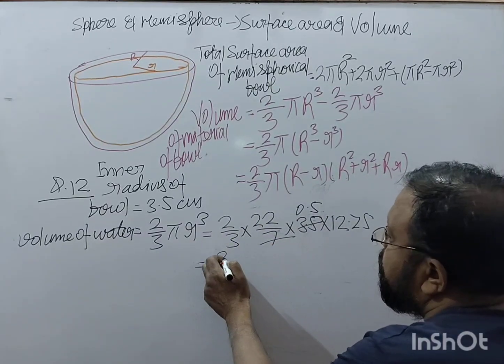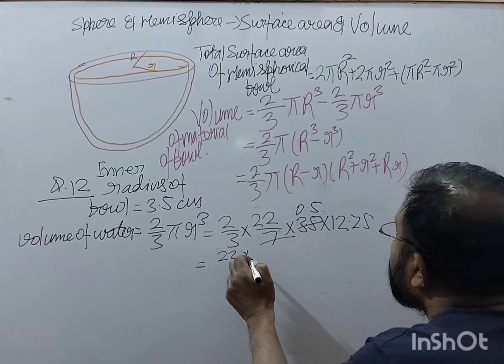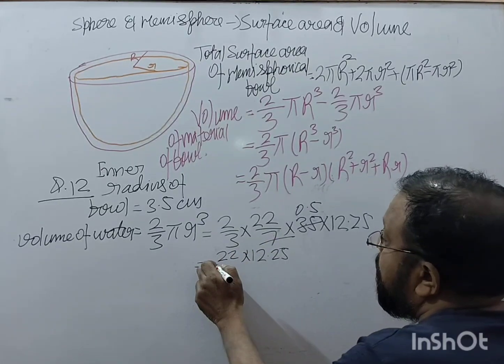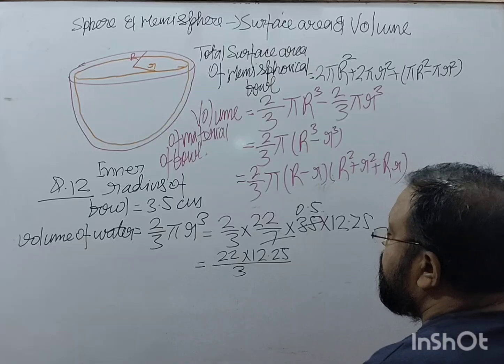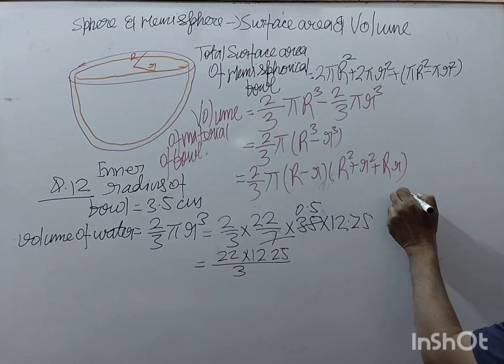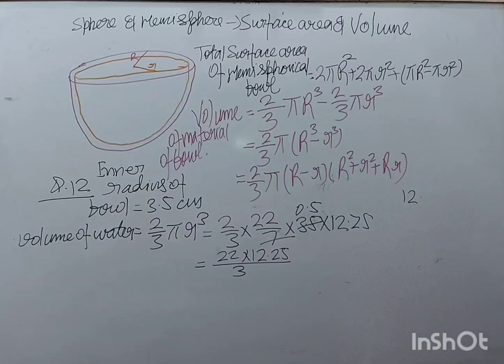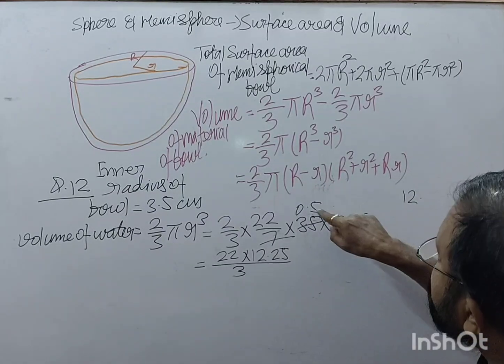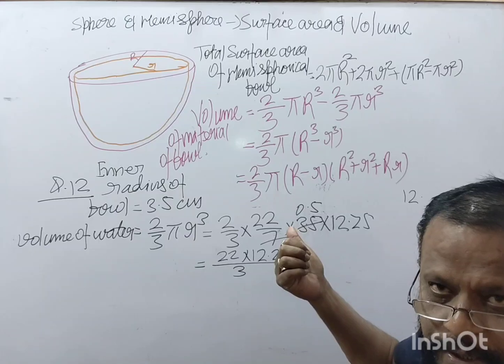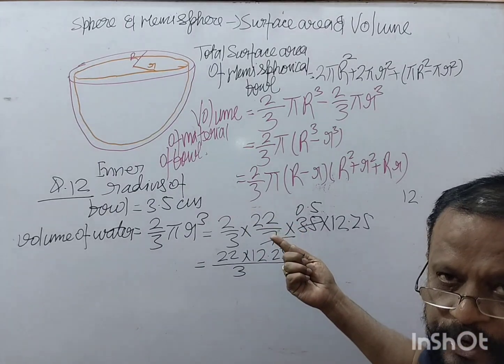So we get 22 into 12.25 upon 3. Right? So how much you get? 0.5 into 2 becomes 10. Decimal 1. 1 into 22 becomes 22.